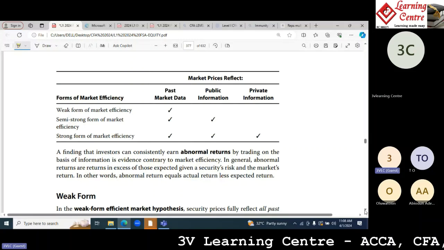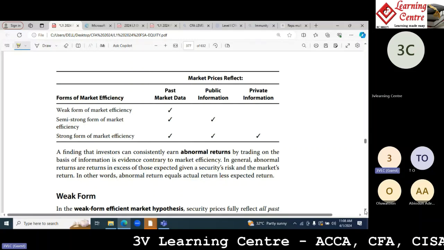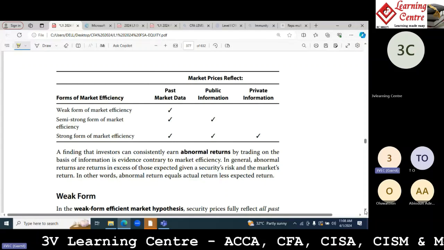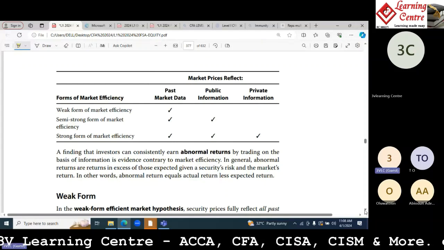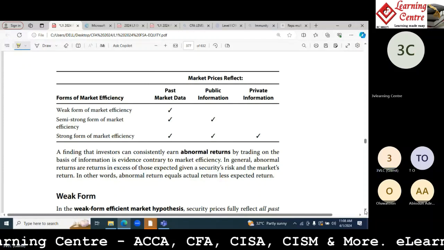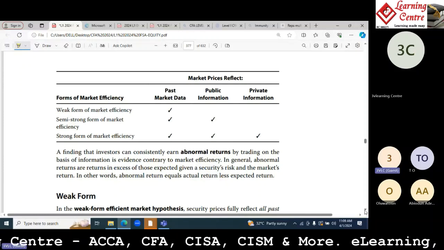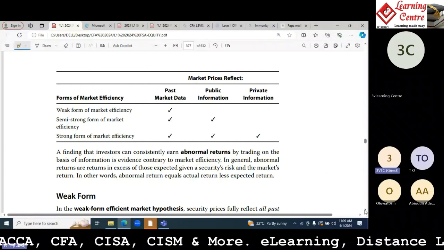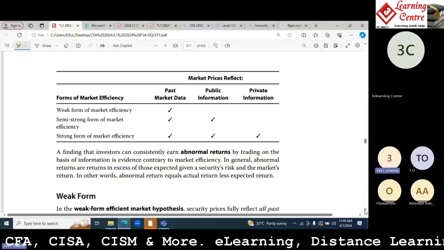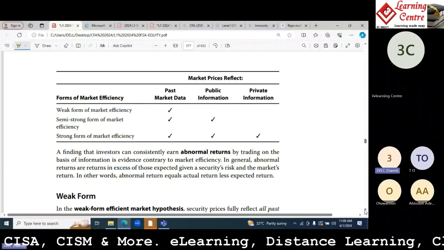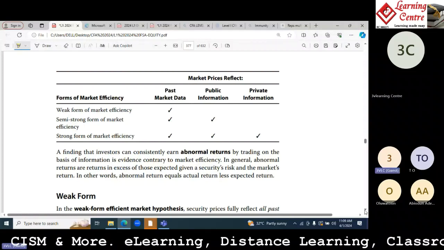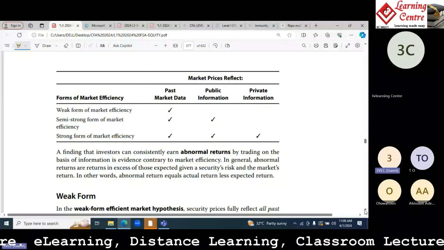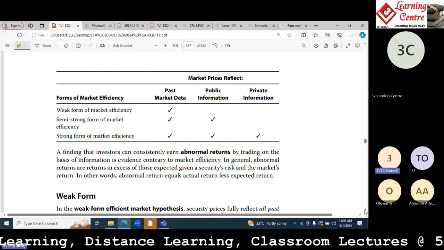Then you have the strong form of market efficiency, which covers three things. Market prices reflect past market data, public information, and private information. It is an advanced form of the two forms, semi-strong and weak form. So it is an advanced form of semi-strong, and the semi-strong is an advanced form of the weak form.